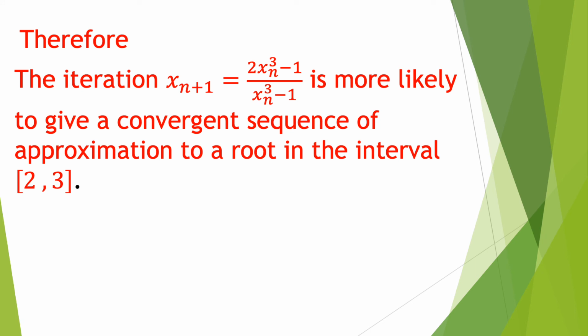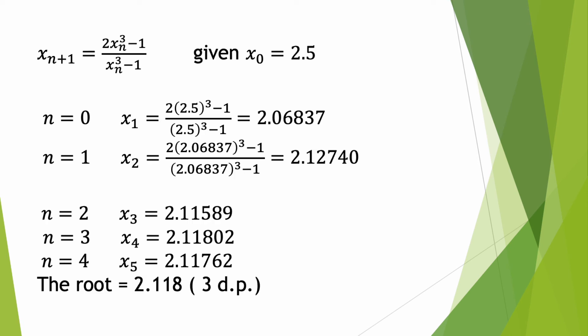Therefore, the iteration x_{n+1} = (2x_n^3 - 1)/(x_n^3 - 1) is more likely to give a convergent sequence of approximations to the root in the interval 2 and 3.